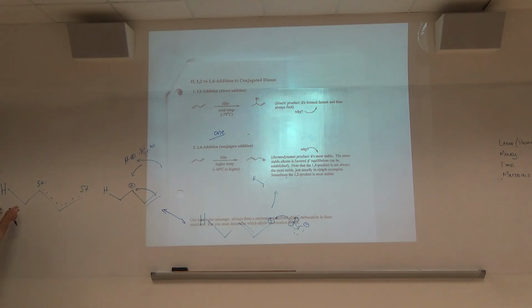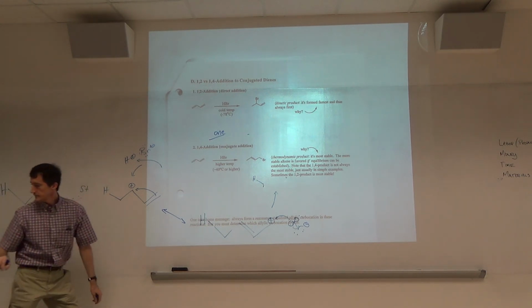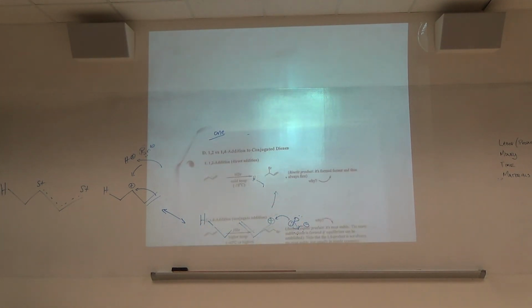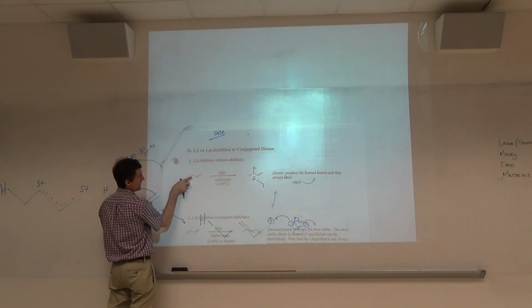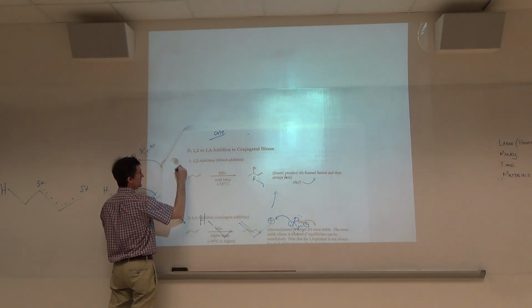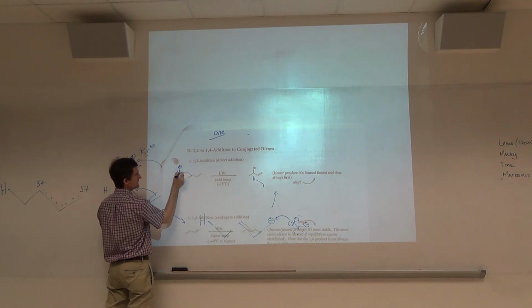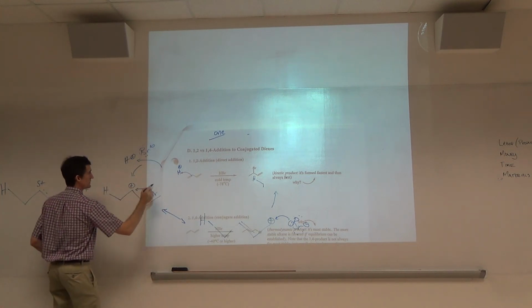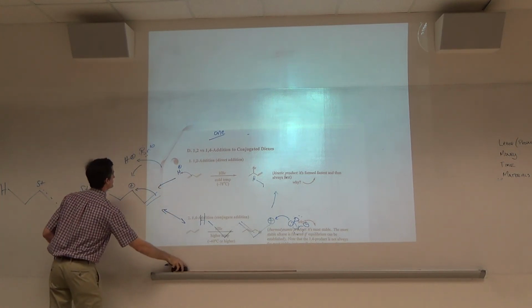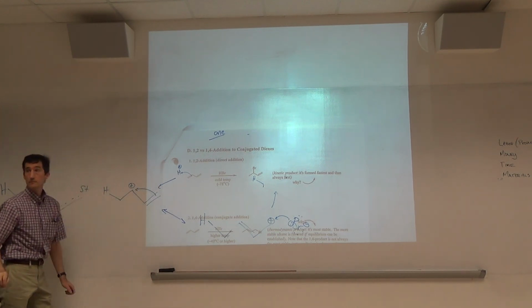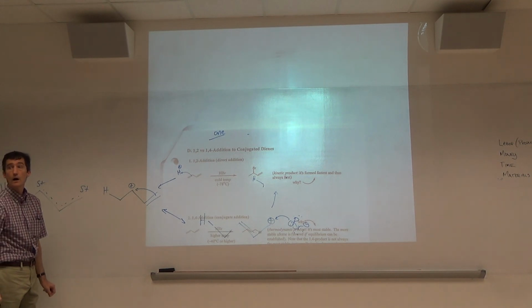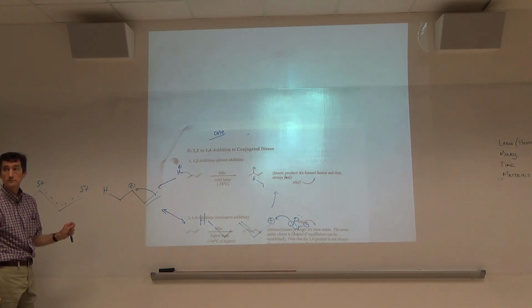Because right here. Let's go back to what happens here. When this attacks the H plus is here, right? And this attacks the H, and we get this, right? They're the same transition state. What do you mean they? The 1,2 and the 1,4?